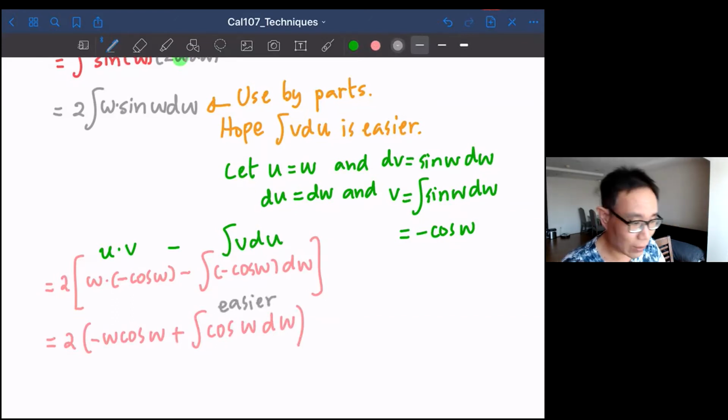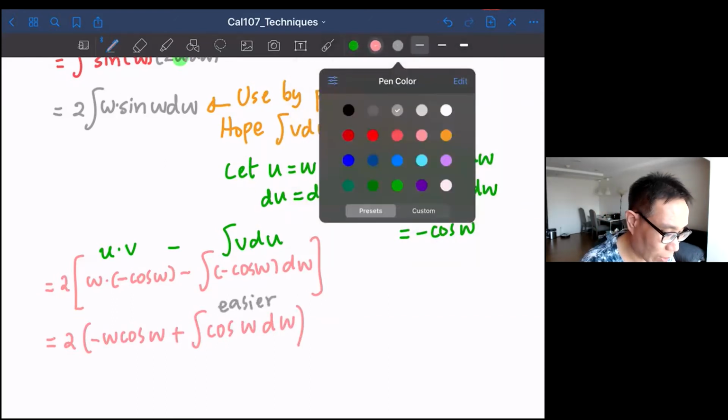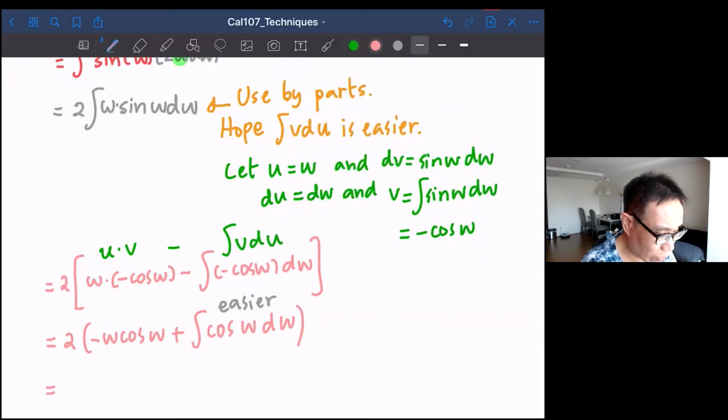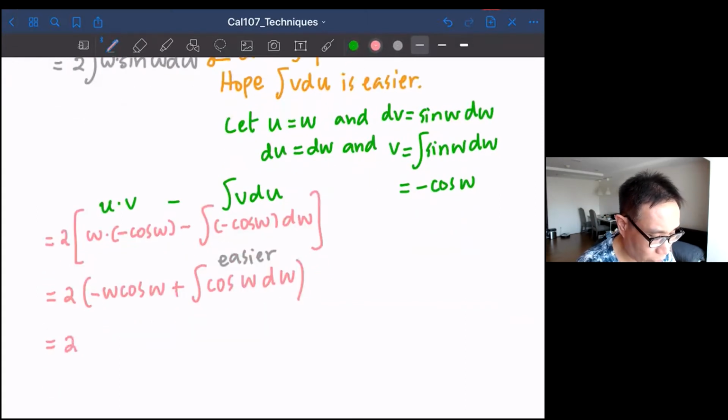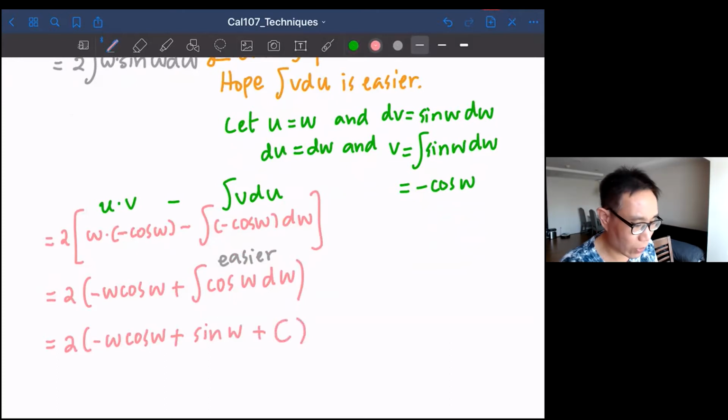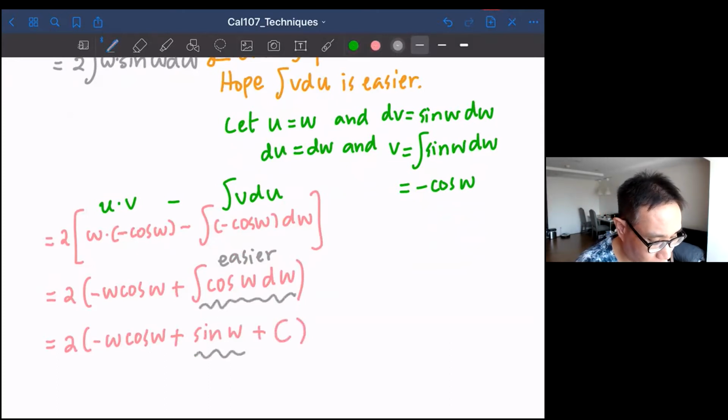Integrate cos, you get sin w plus c. This is how we obtain the final answer.